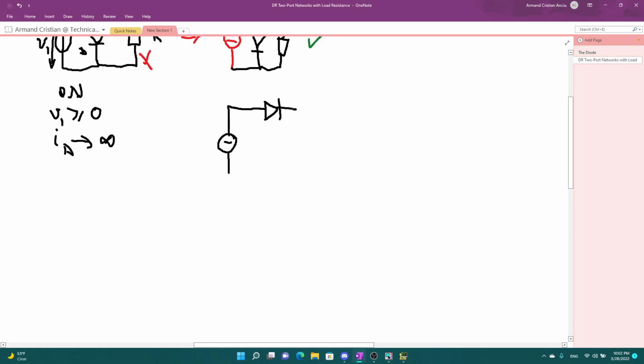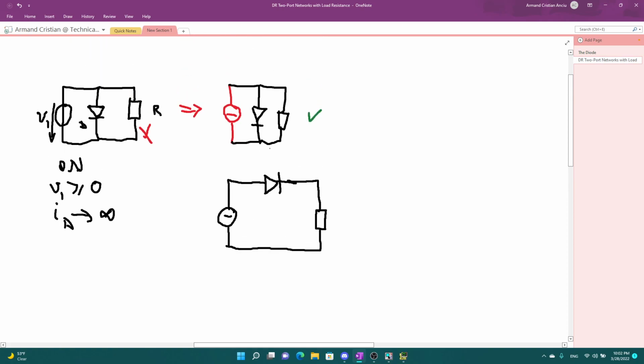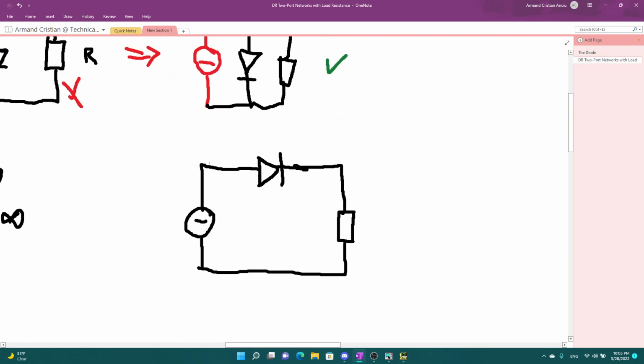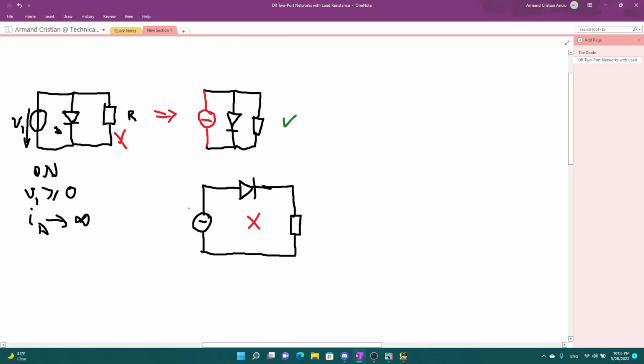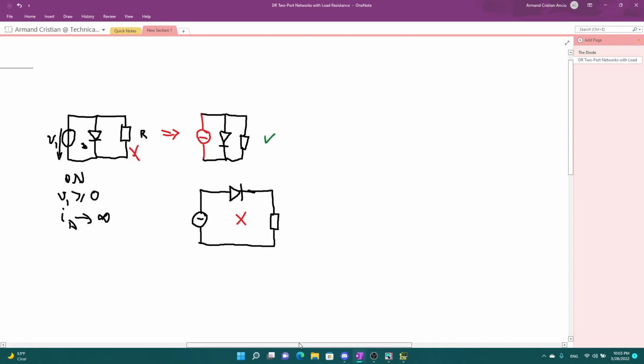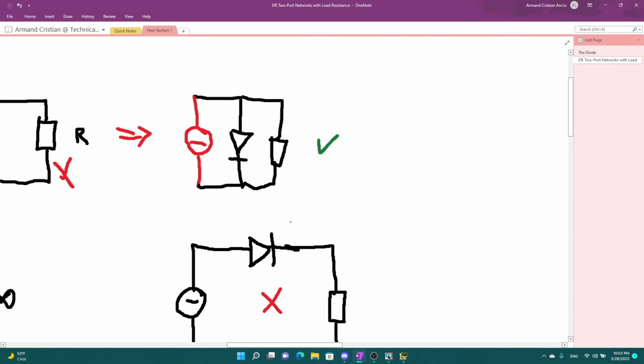When this diode is in its on state and enters conduction, it basically becomes a wire, and this becomes a short circuit, and thus we are short-circuiting a current source, which is not a good thing. Okay, so we cannot use this either. So be very, very careful how you implement your circuits to make sure that they work.